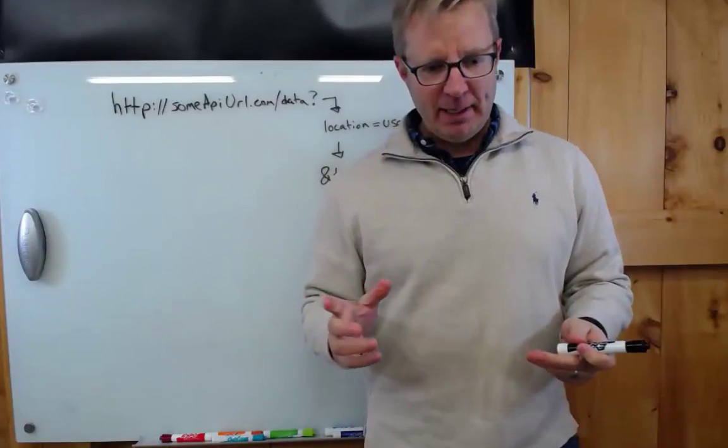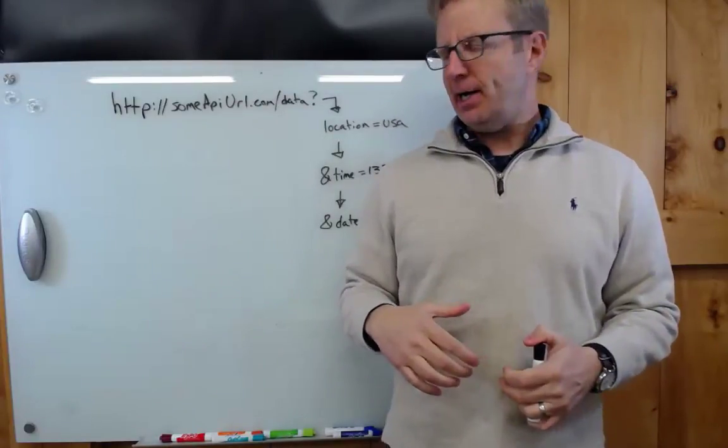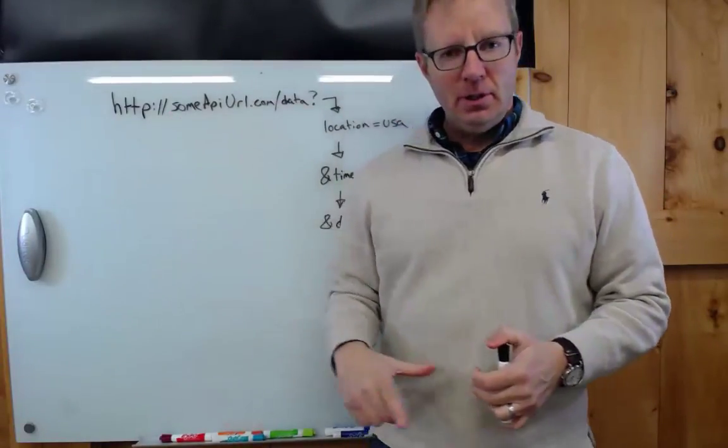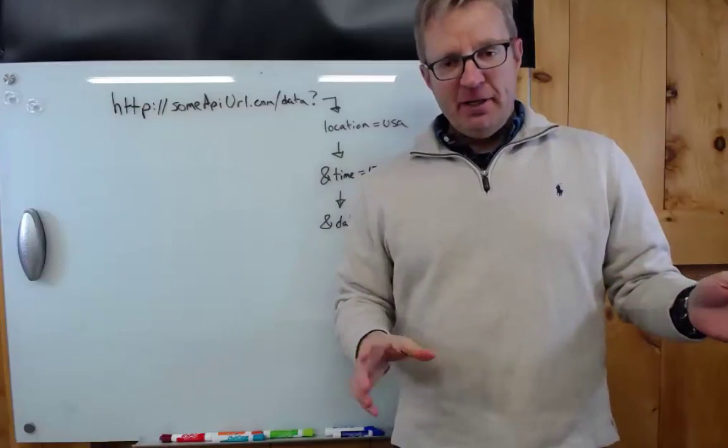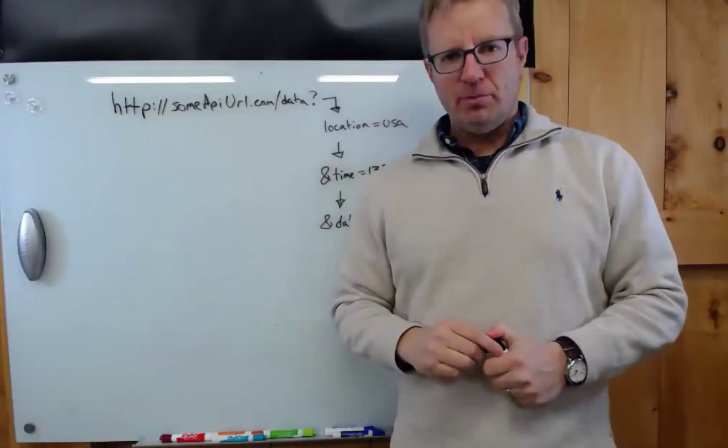So what is an API? The way that you get information from an API is that you access it via a URL, just like you were going to get an HTML page to load into your browser.